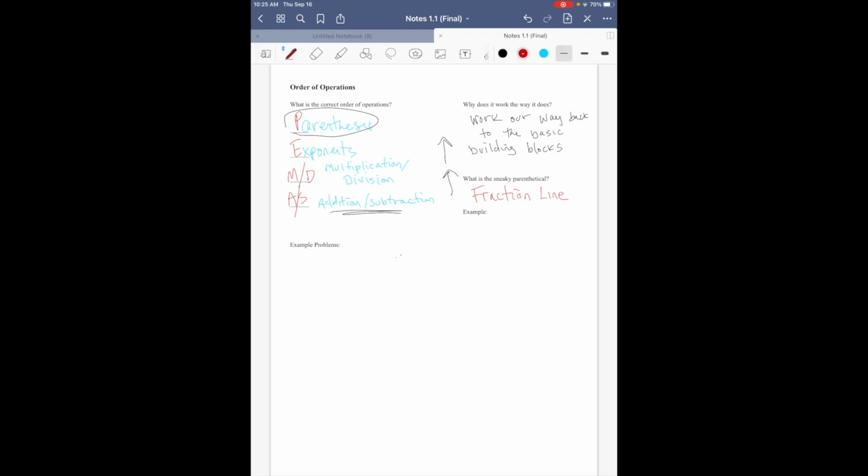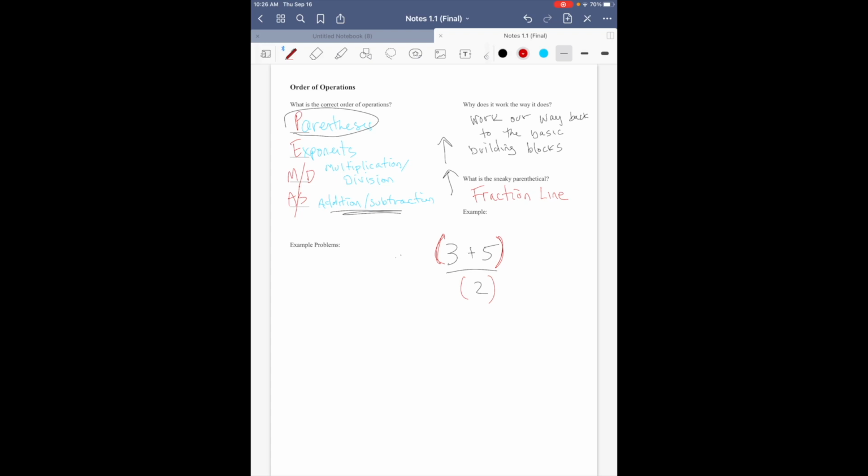that is when, say you have 3 plus 5 divided by 2. Sometimes there can be a temptation to say, well, this is a division problem right here. That's a fraction line, so that's division. But the understanding is that we're going to do the top here independent of the bottom. So it works like a parentheses.